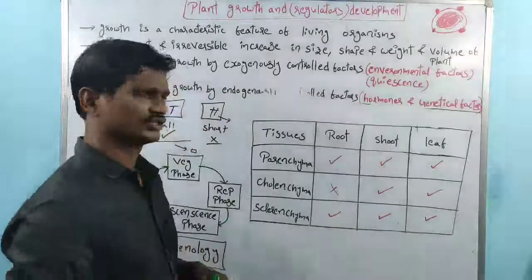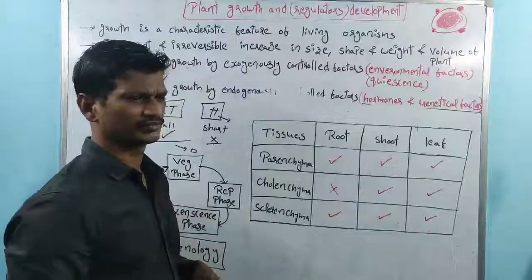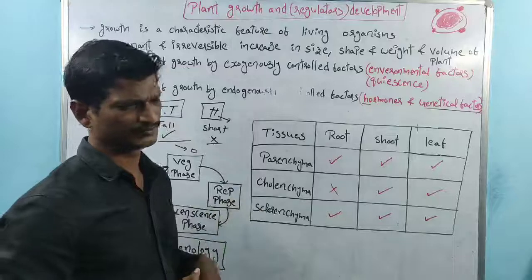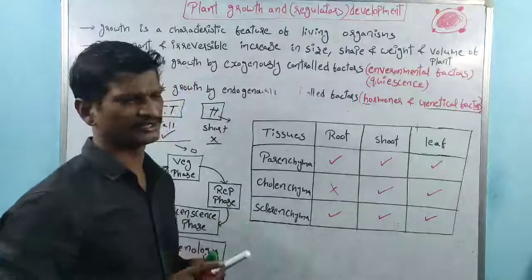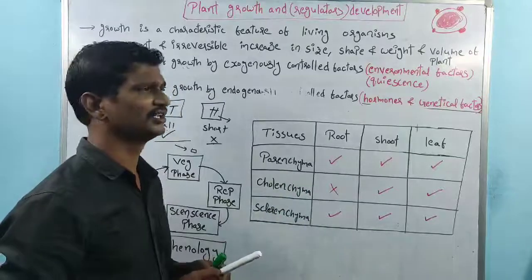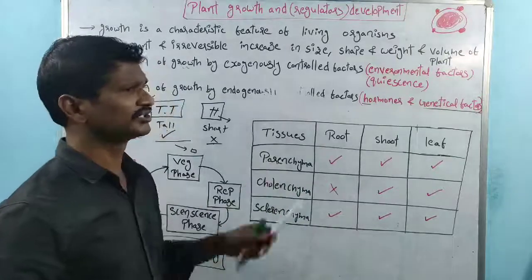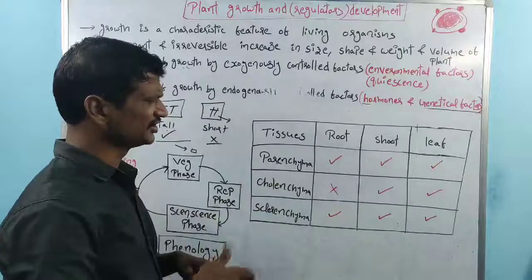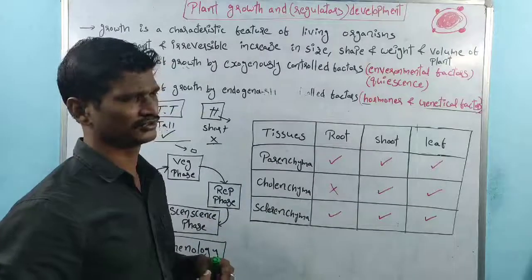Next is sclerenchyma, which is present in roots, shoots, and leaves. So the first and the last are almost ubiquitous, present in all plant parts, but the second is quite different because collenchyma is not present in the roots. That is about the distribution of different types of tissues.